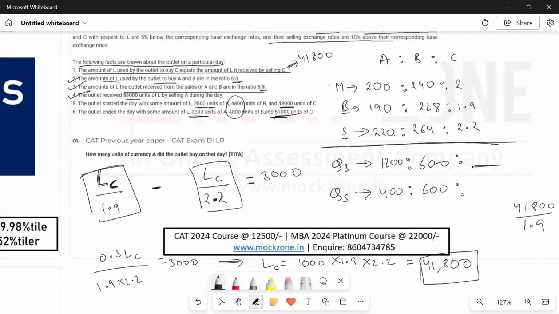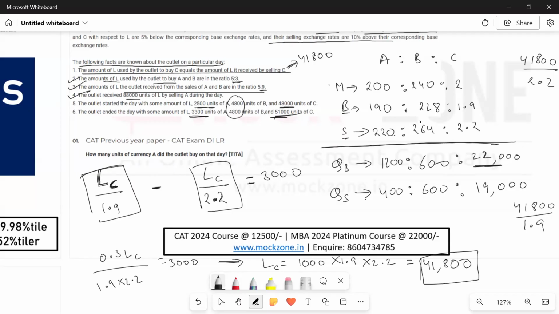We get the quantity bought, this one. How much is it? If we do this division, we will get 22,000. 22,000 units of C are bought, and how many are sold? 41,800 divided by 2.2, which is 19,000.